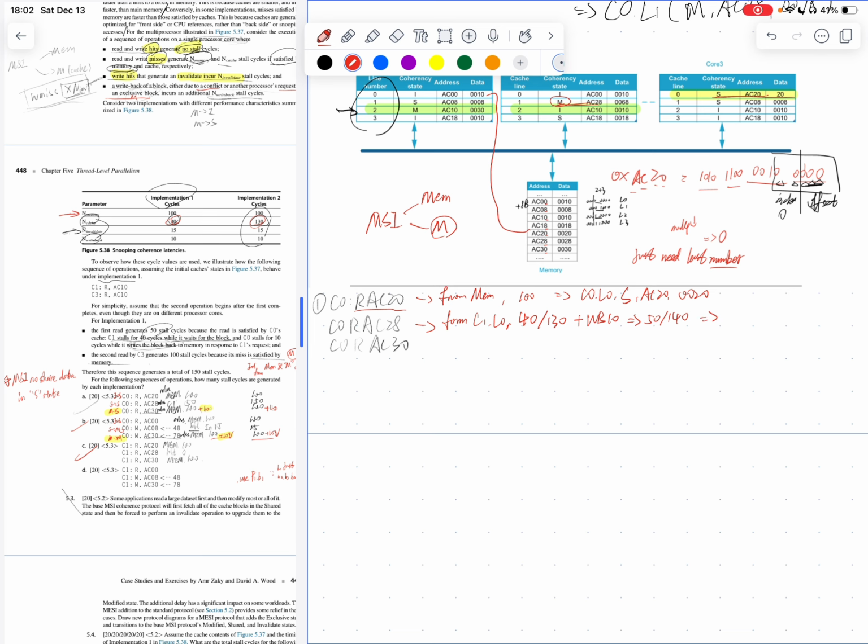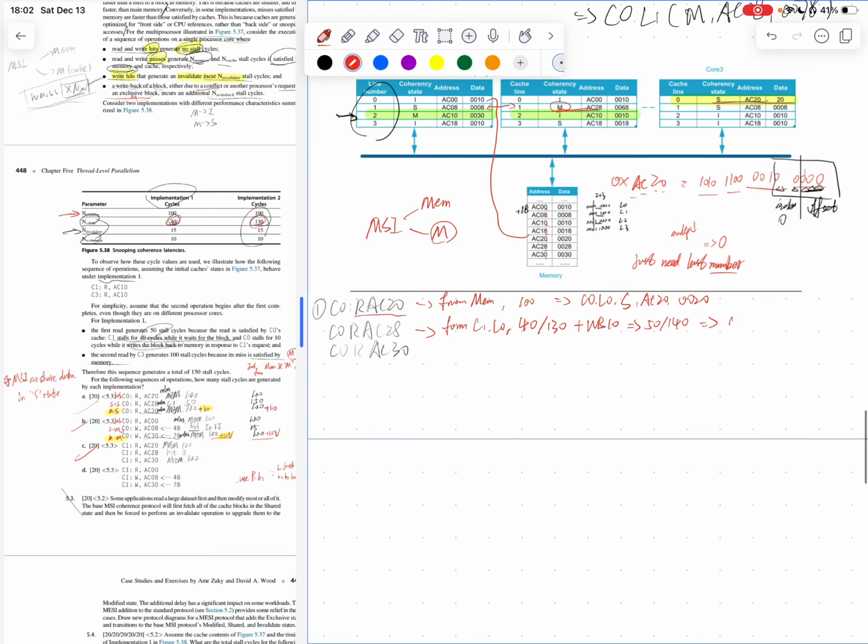So what's the result? It will give the result here. They will share the data, right? So the C0 L1 will have the shared state with address AC28 and data 0068. Remember, write back, because we are changing the C1 L1 also to shared.